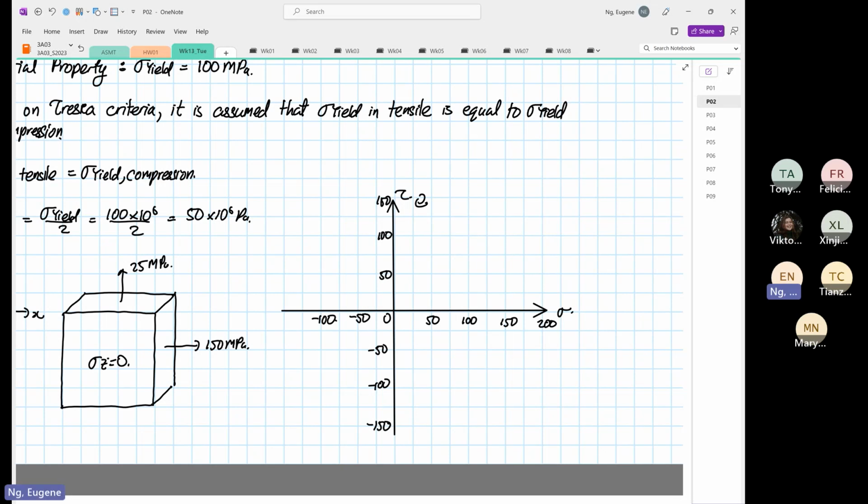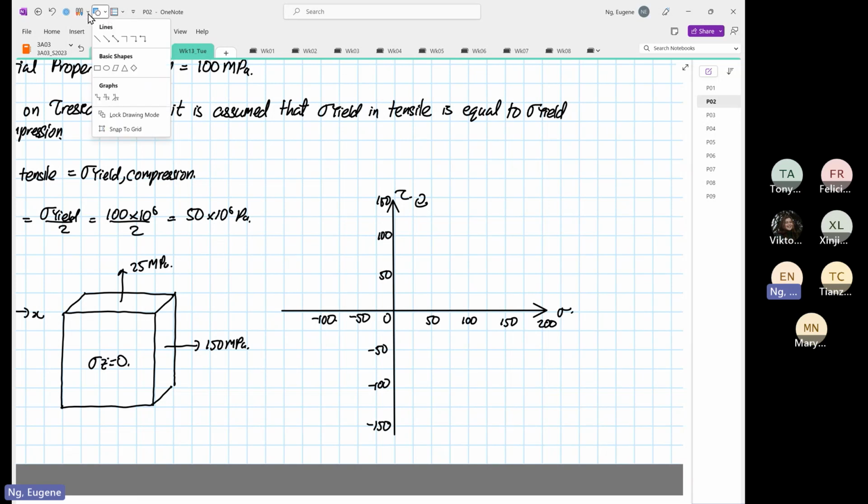And I'll do the negative side up to 100. And we know last week we drew a box, right? The operating boundary. So we're going to draw the box again. So we know that it's 50 in shear, and Tresca assumes that positive and negative stresses, or tensile and compression, are the same.